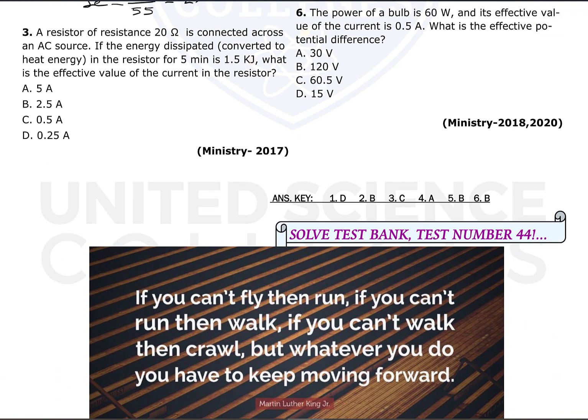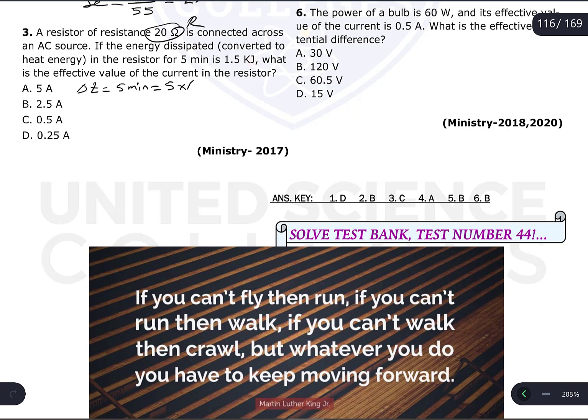Question number 3. A resistor of resistance 20 ohm, so this is R, is connected across an AC source. If the energy dissipated, which is converted to heat energy in the resistor, for 5 minutes is 1.5 kilojoule. So delta T is 5 minutes, and 5 minutes is equal to 5 times 60, which is 300 seconds.